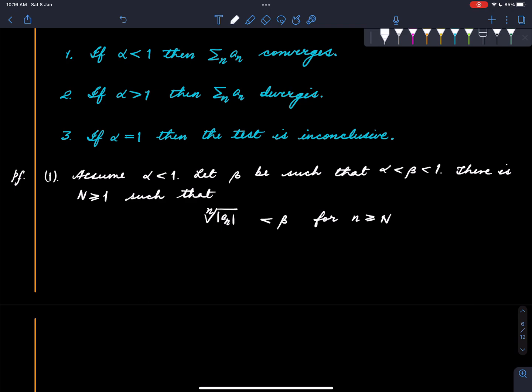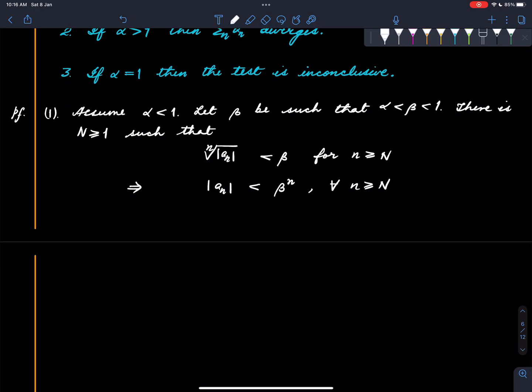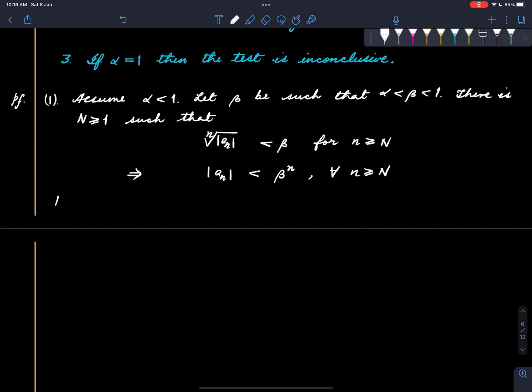So what does this mean? This implies that the absolute value of a_n is less than beta to the n for all large enough n. And now, since beta is in this range, this series converges.